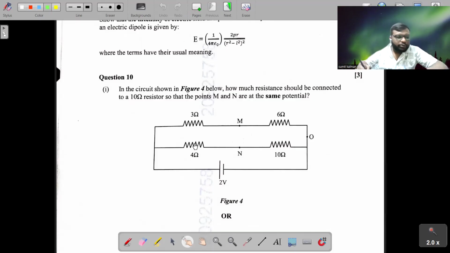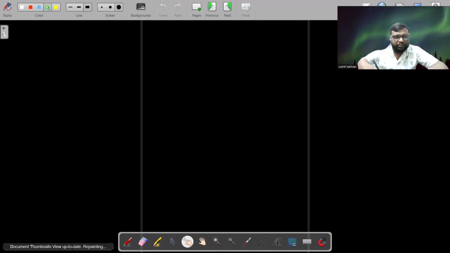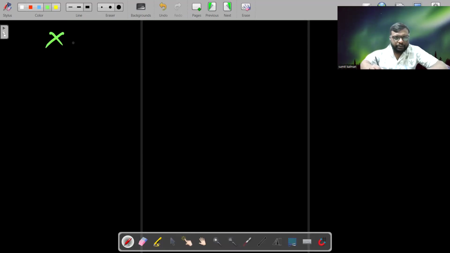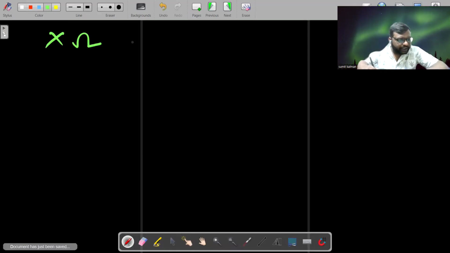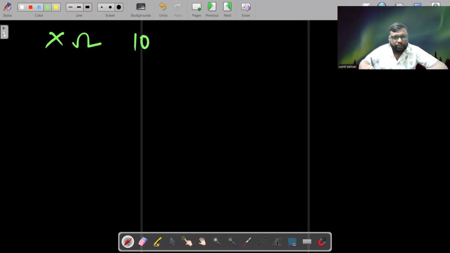So students, to make M and N equipotential, let the unknown resistance, that is X ohm, be connected with 10 ohm resistance.